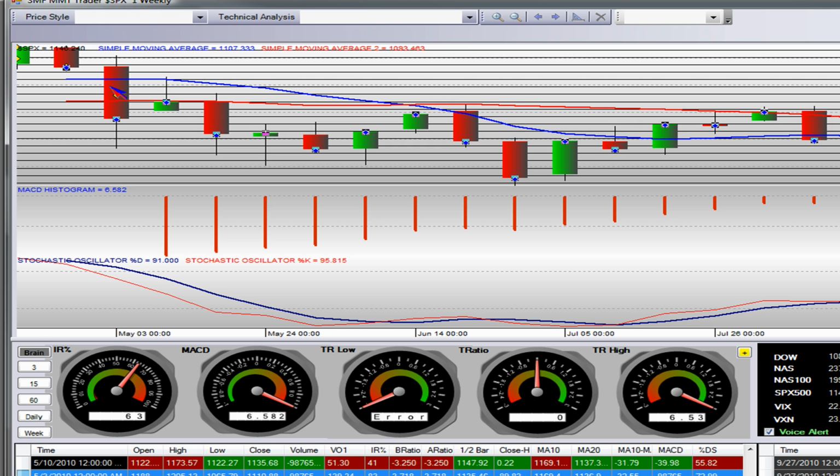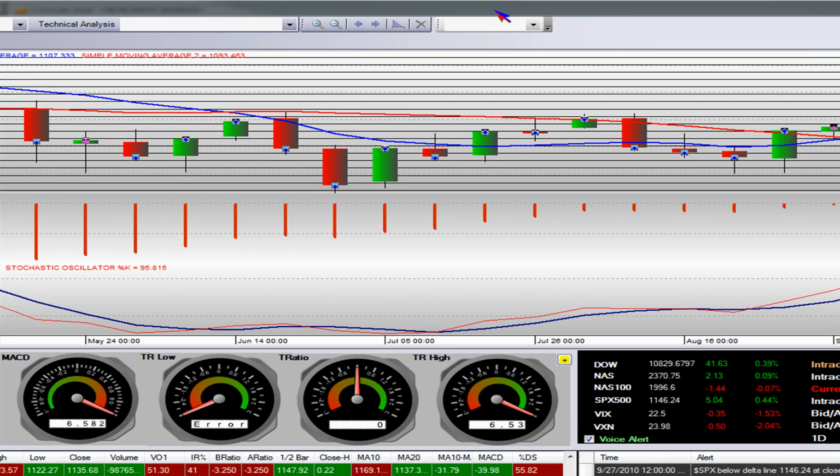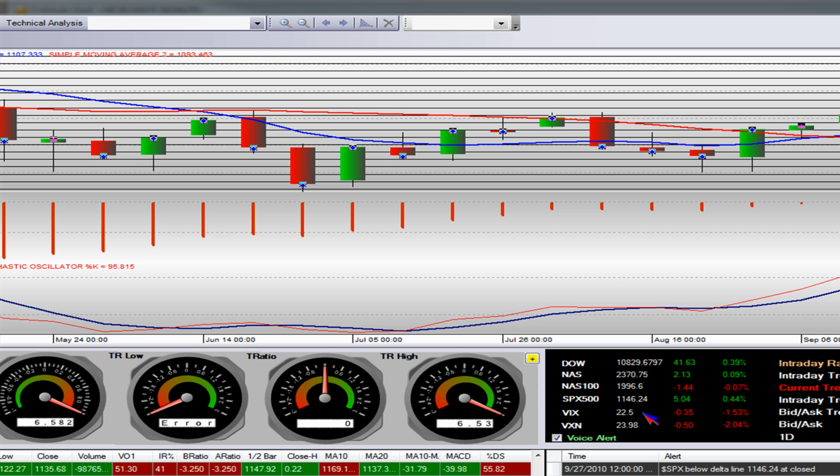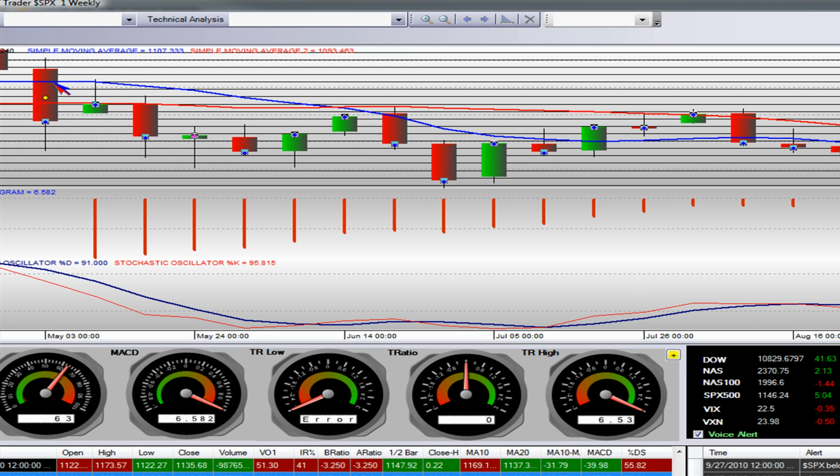That's 1135 on the S&P. Currently, the closing price on the S&P 500 is 1146. What does that mean? It means I'm still mathematically above that 1135 by 11 handles.